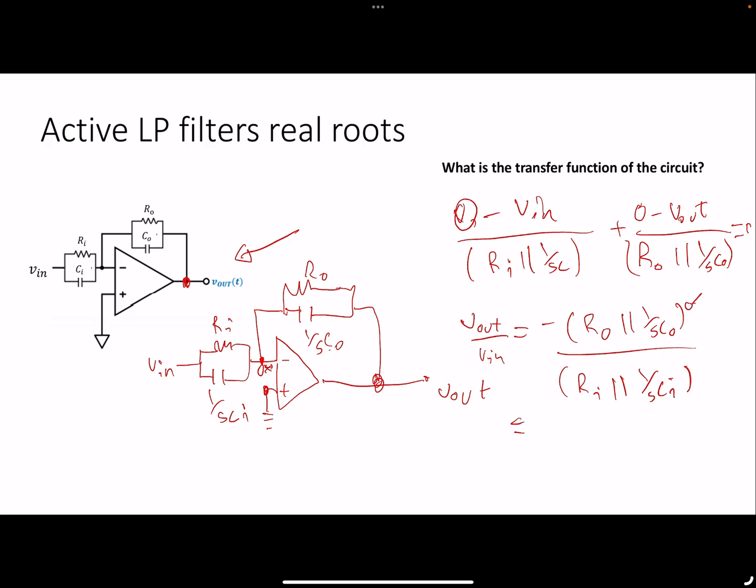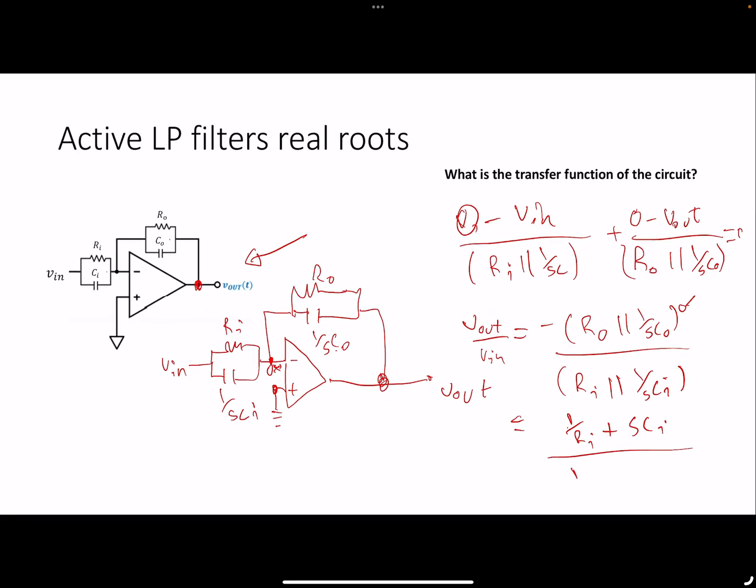So this is just 1 over Ri plus Sci, divided by 1 over Ro plus Sco, and then all of this has to be multiplied by a negative 1. Is that clear to everyone?